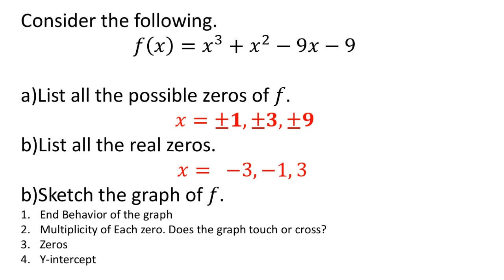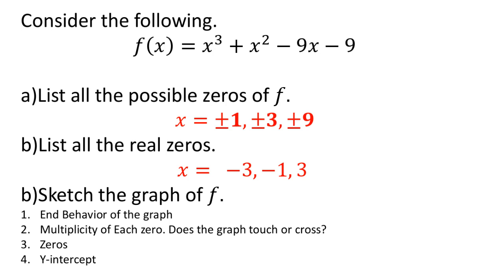We always want to look at the end behavior of the graph. We want to look at the multiplicity. Again, as Ms. Chuka explained, if we have repeating numbers, that means that zero is just touching, it's not crossing the graph. We want to have the zeros, which we've done, and also we want to find the y-intercept.